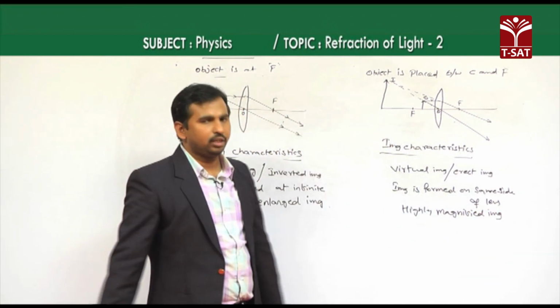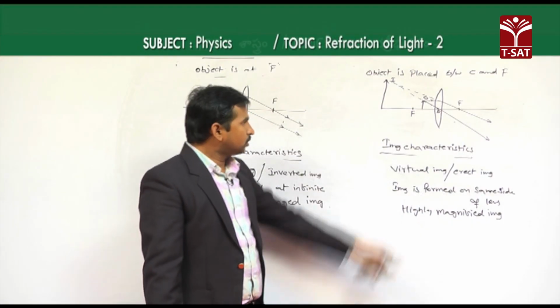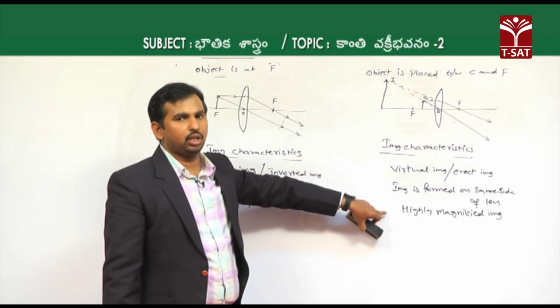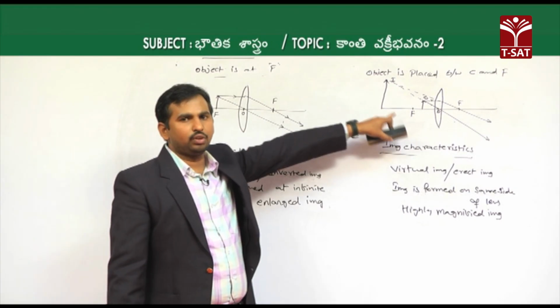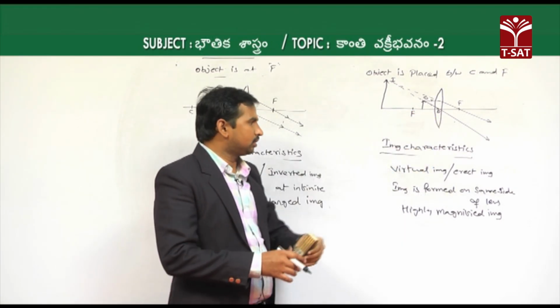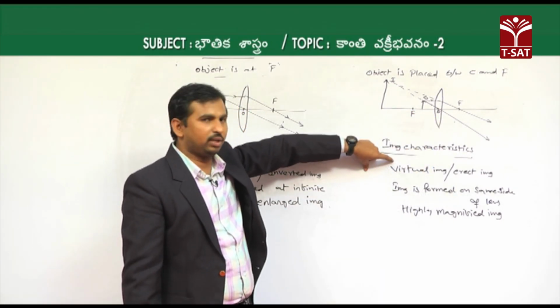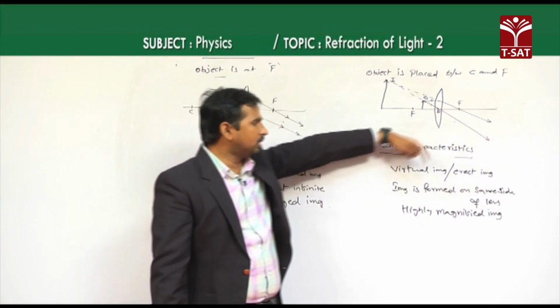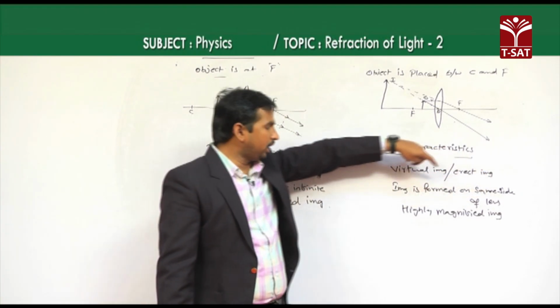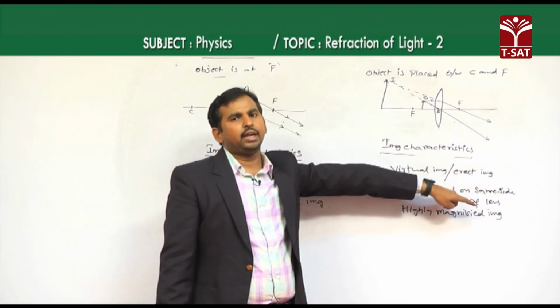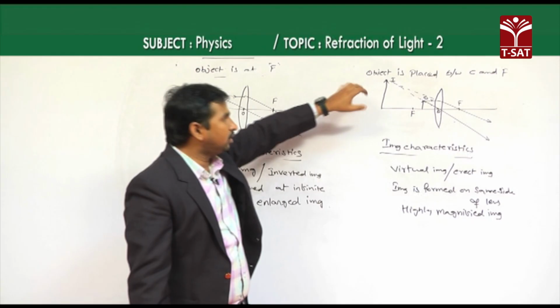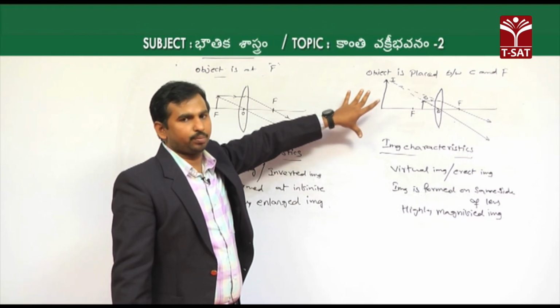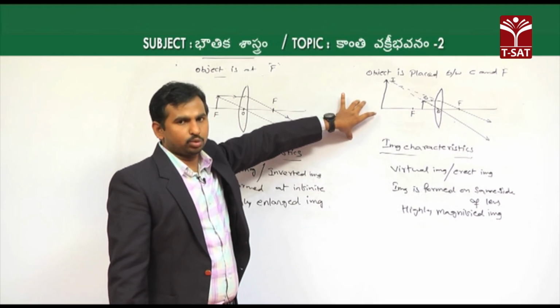So these are the image characteristics when the object is in between the focus and the optic center. The image formed is a virtual image, and not only that, it is an erect image. The image is formed on the same side of the lens, and it is highly magnified. Particularly this ray diagram we will see in our practical applications in the microscope.